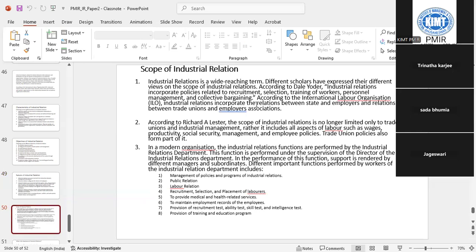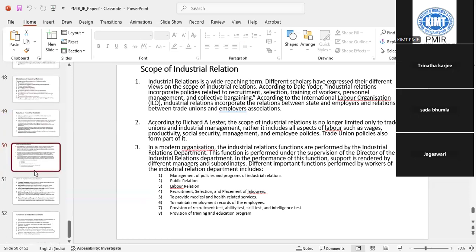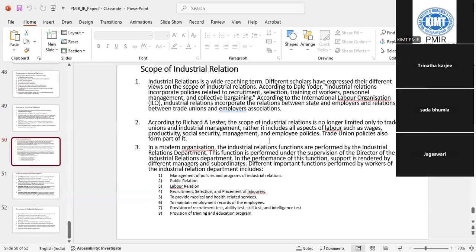Scope. Scope of industrial relationship is actually within that organization. Industrial relationship is a wide-ranging term. In earlier discussion, I was telling the conflict may arise between the parties involved, mainly the employer, employees, and the judicial part of the government.